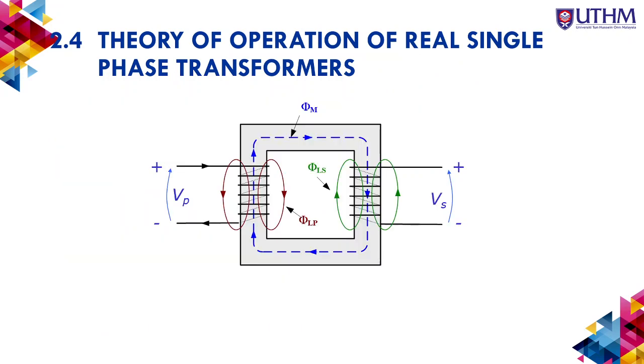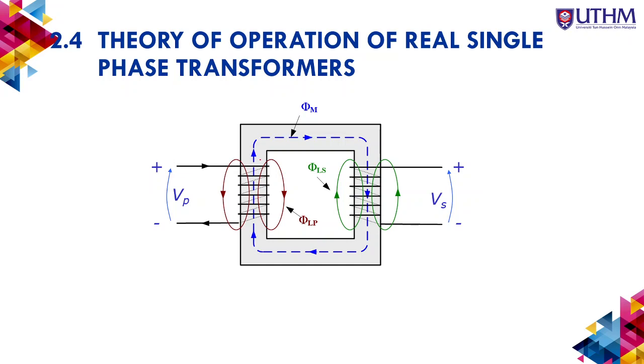So imagine the real transformer. So this is the supply power, so the primary voltage. So when we apply current, the current will induce the flux, so magnetic flux.